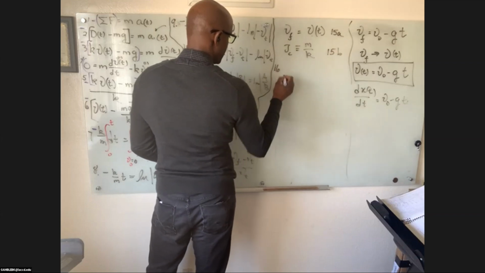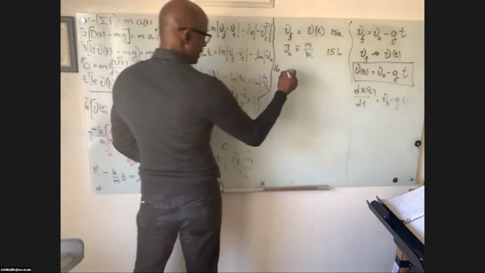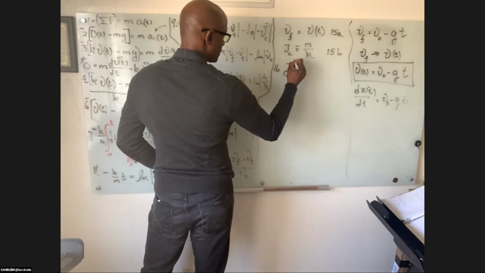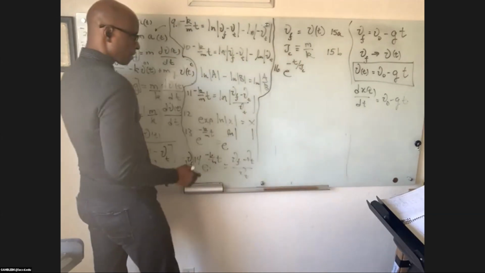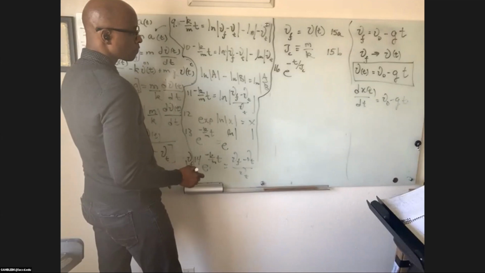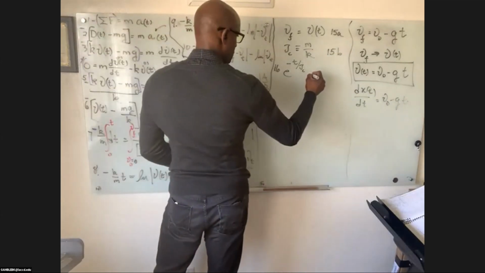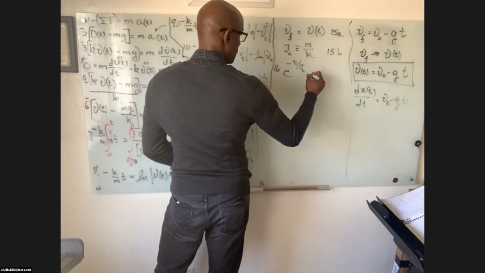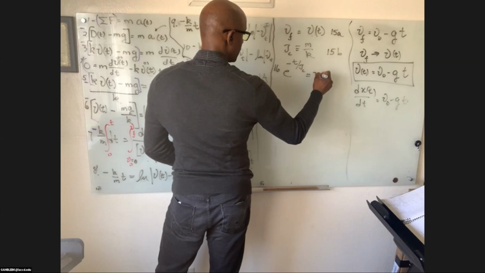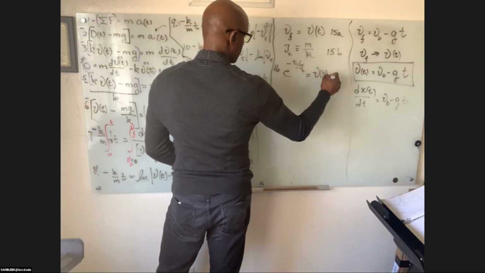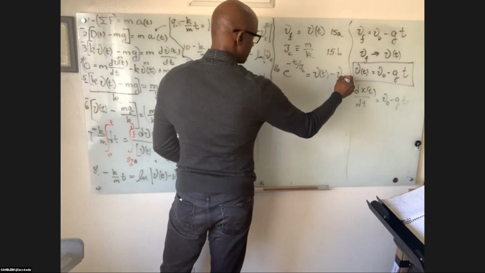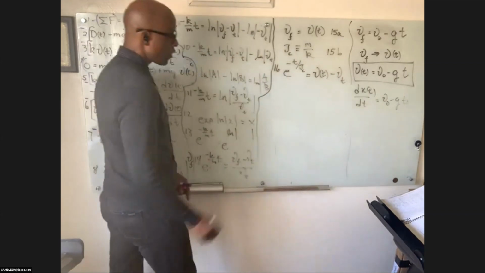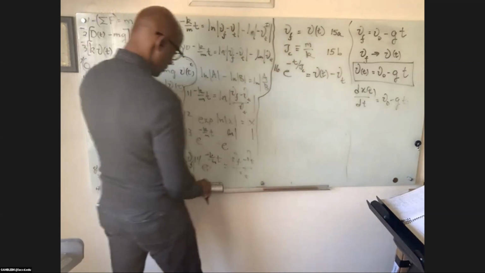So if I plug that in, I'm going to have e to the minus t over tau c, and that equals v of t, formerly v final, minus v sub t.